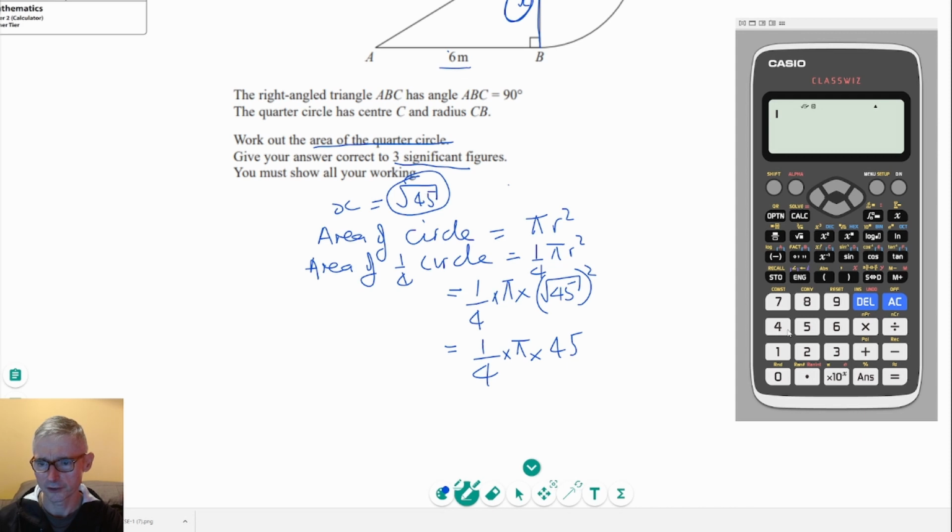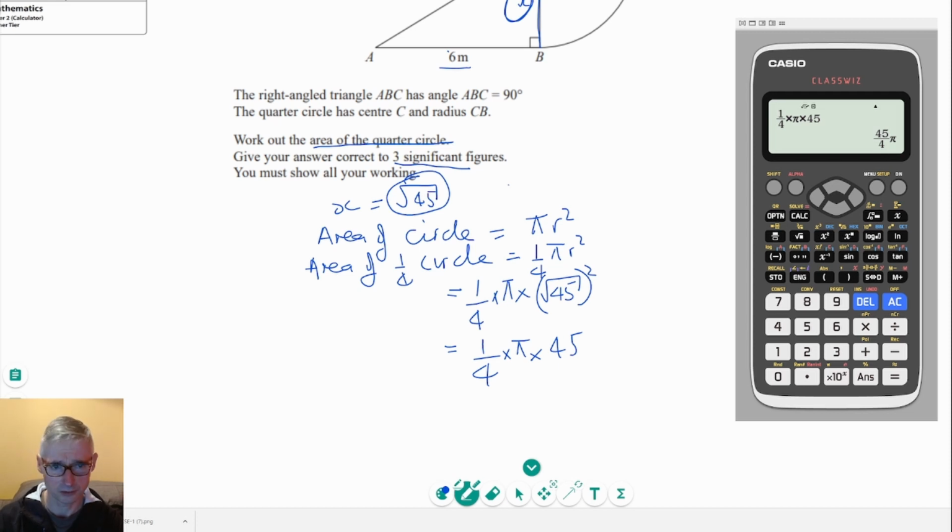So what we've got is 1 quarter. We could just divide by 4, which is the same as times by a quarter, but I'm going to do it this way, times by pi. This is the button at the bottom there. If we go shift and then press this, I'll get the pi symbol, and then times by 45, and we'll get an answer in terms of pi.